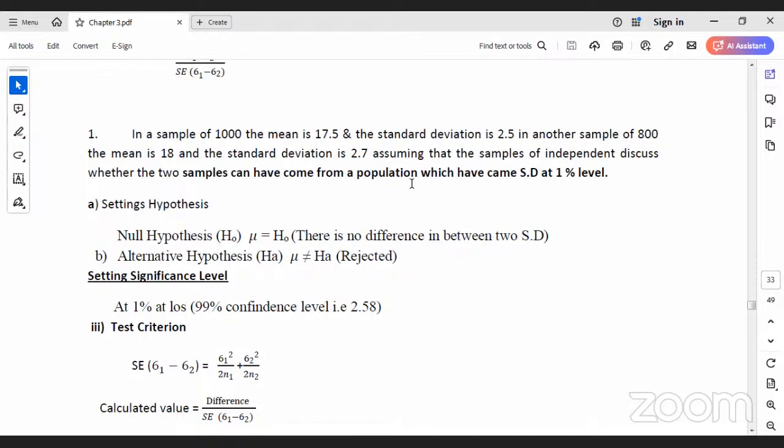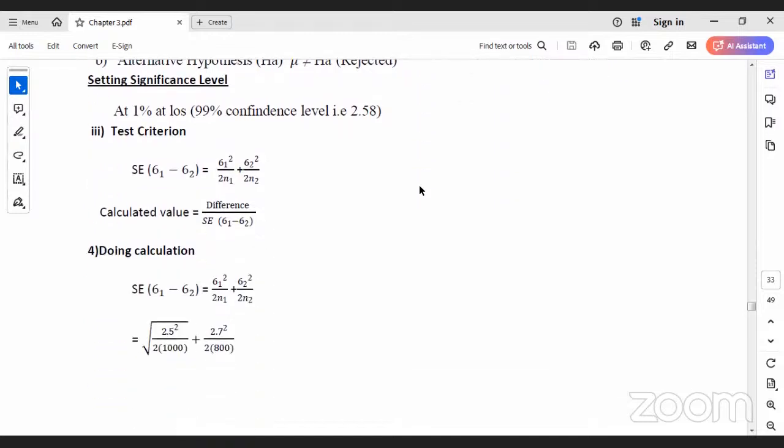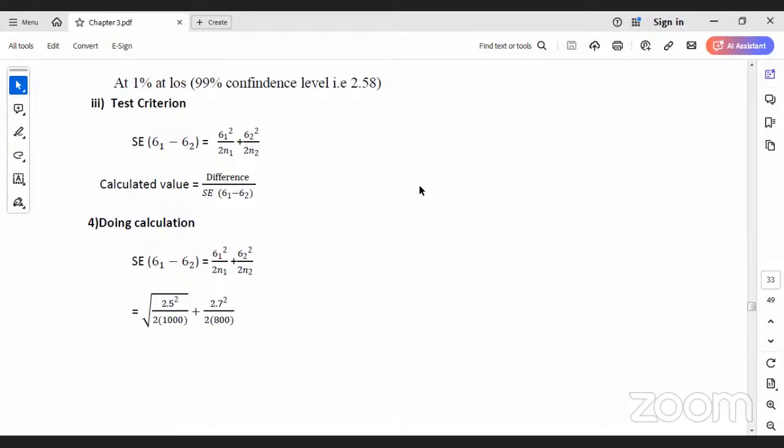Test criterion is important here. See, in this formula, you observe carefully. Standard error of s1 minus s2 is equal to square root of s1 square by 2 n1 plus s2 square by 2 n2. In the previous problem, in mean, it was s1 square by n1 plus s2 square by n2.